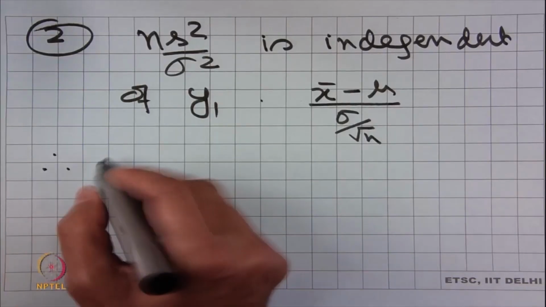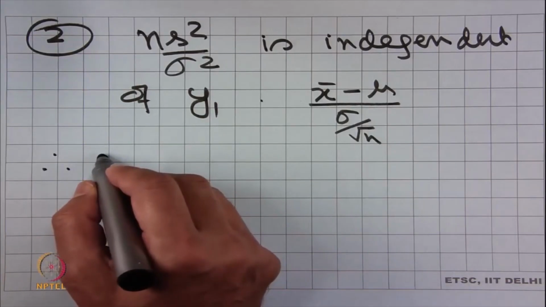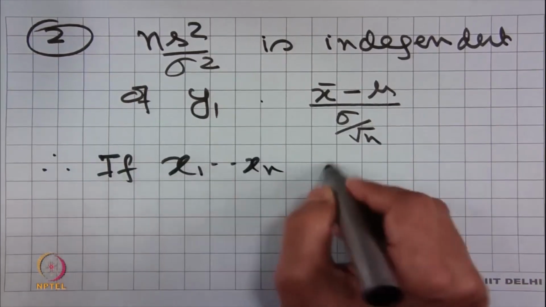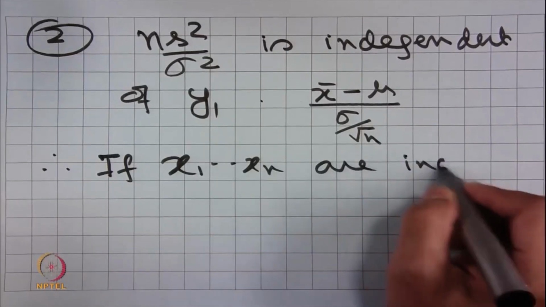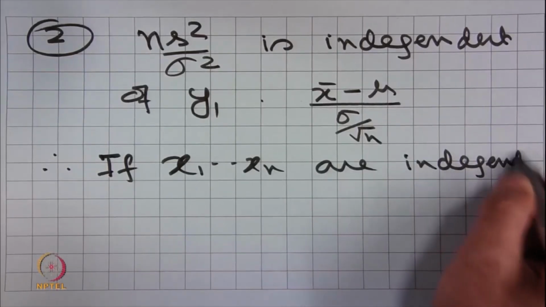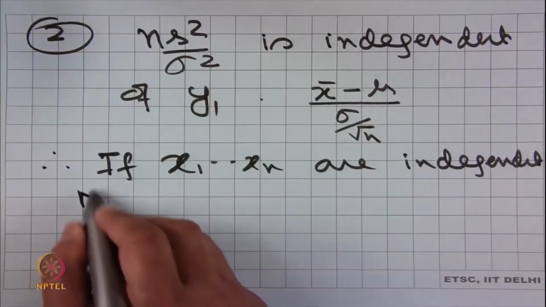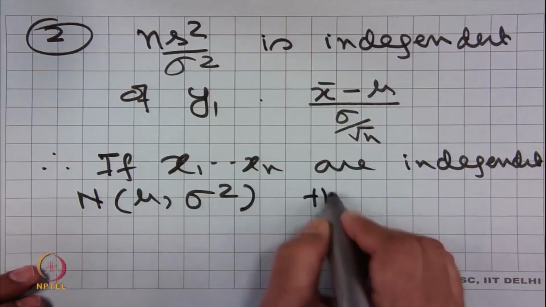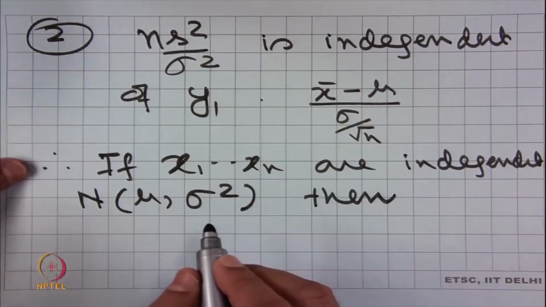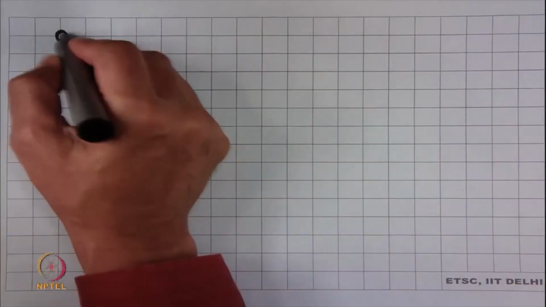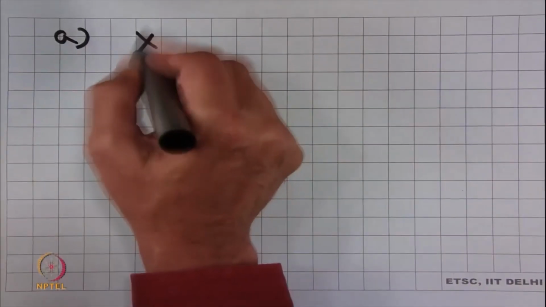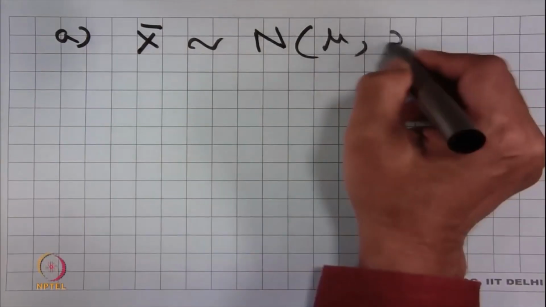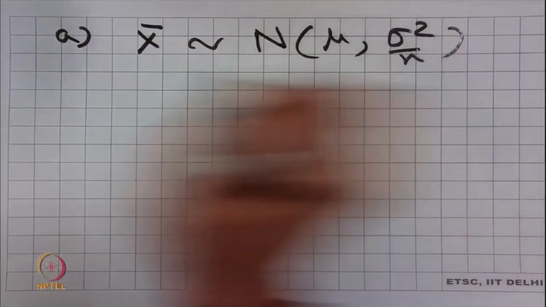Therefore, if x1, x2, xn are independent normal mu sigma square, then A, x bar is normal with mean mu and variance sigma square by n.